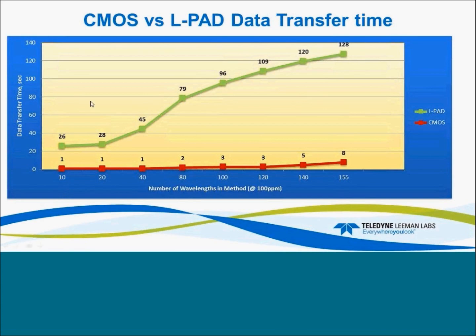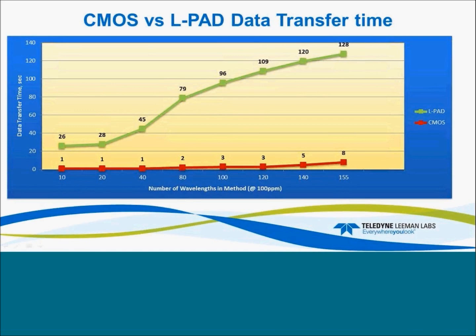that is the data readout speed, and we've taken out the integration time. Both instruments, one on the Prodigy and one on the Prodigy7, used the same integration time. We did 5-second integration, 3 replicates, so 15 seconds of integration time was taken out, to get just the net data transfer time.